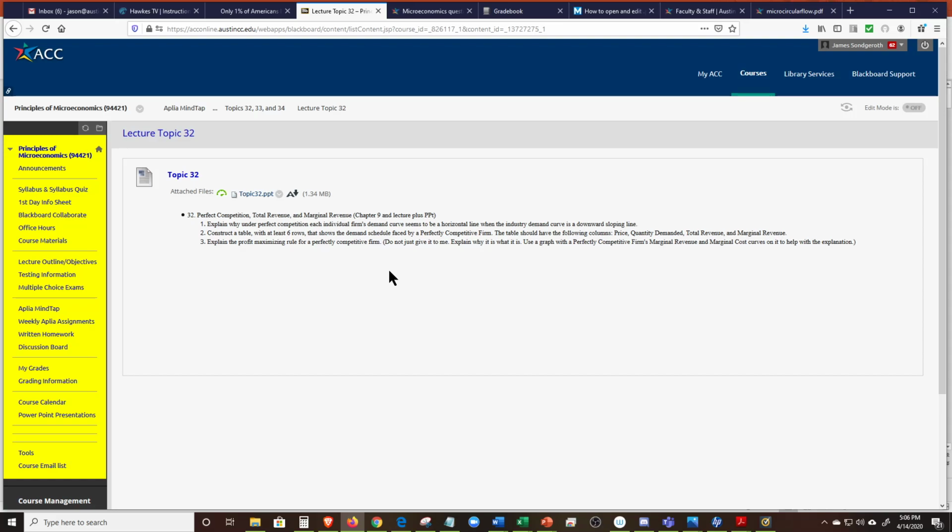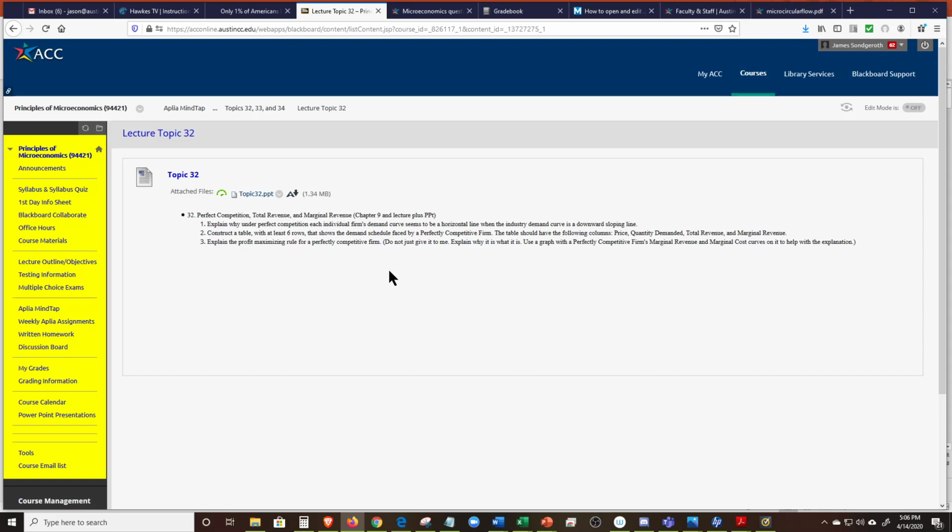We'll have to explain what that is. Total revenue and marginal revenue. So explain, number one, why under perfect competition, each individual firm's demand curve seems to be a horizontal line when the industry demand curve is a downward sloping line.